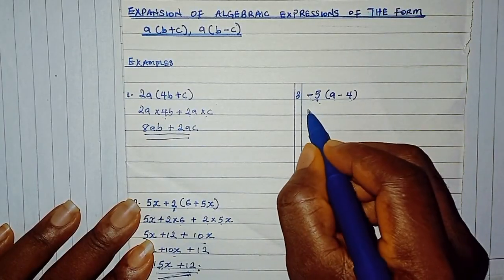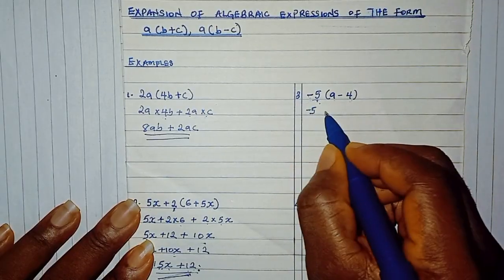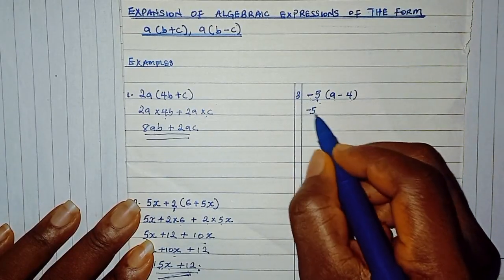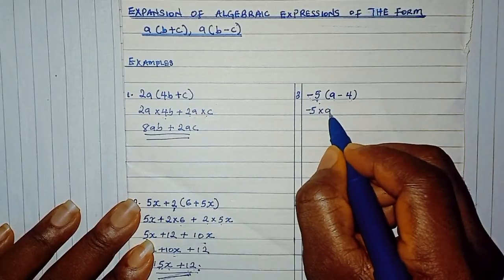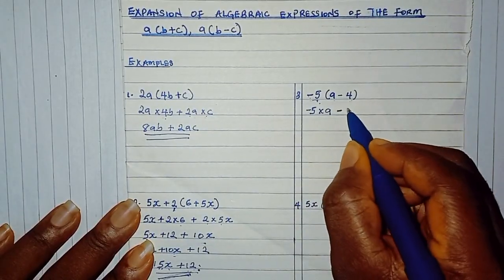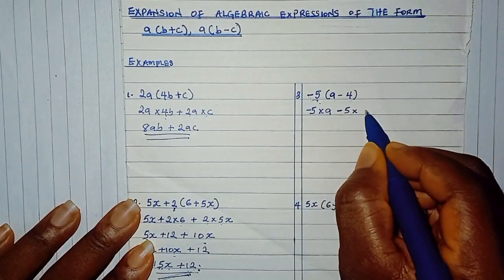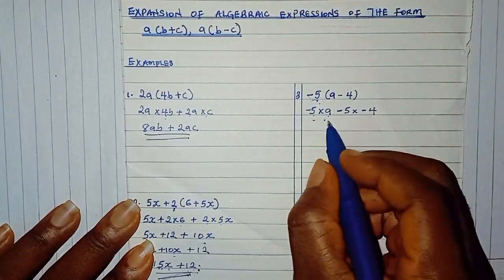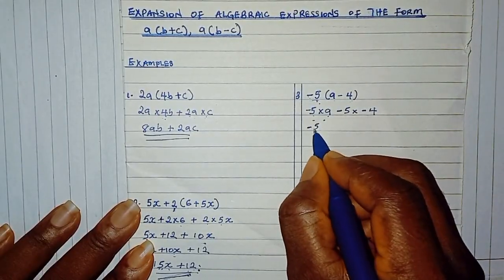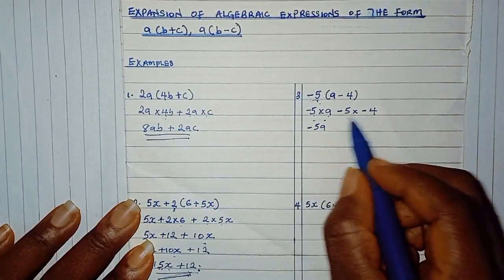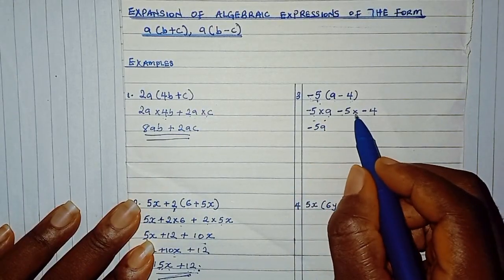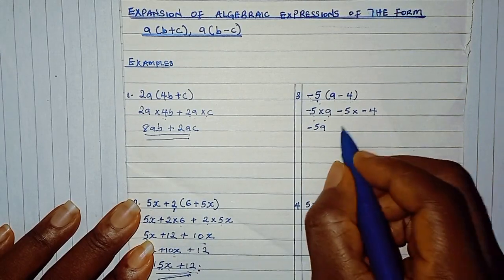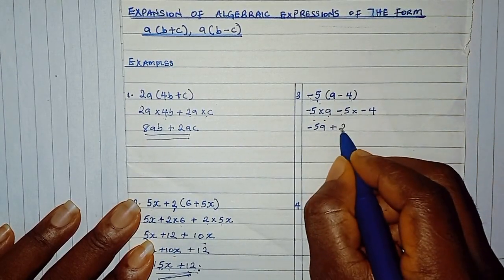So we're going to have minus 5 times a, minus 5 times minus 4. Multiplying these two, you're going to have minus 5a. Then multiplying these two, minus 5 times minus 4, you're going to have plus 20.